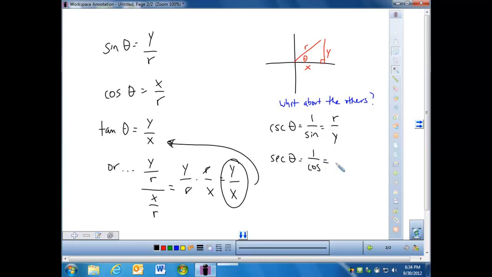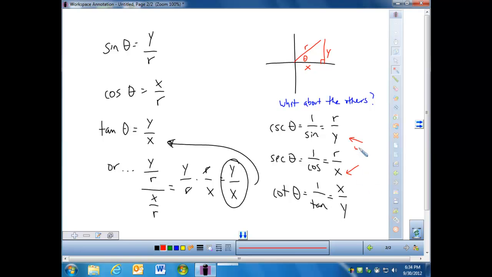Instead of having x over r for cosine, we'll have r over x for secant. And instead of having y over x for tangent, we'll have x over y. So again, if you have your blue sheet out and you have a particular theta on there, coming up with these values shouldn't be very difficult. You can just look at the blue sheet and figure that out.